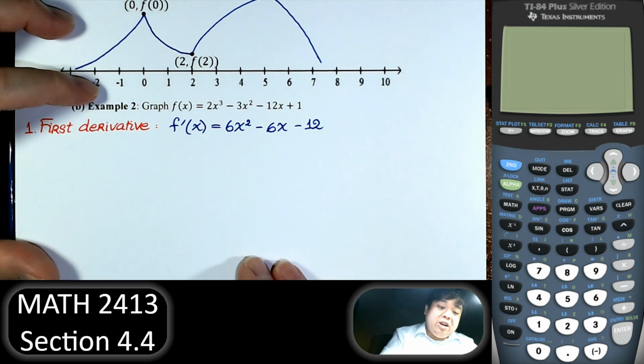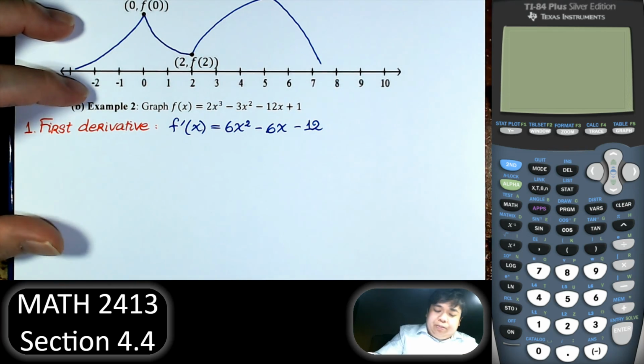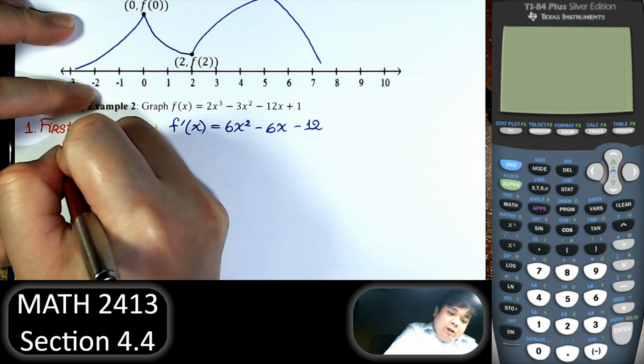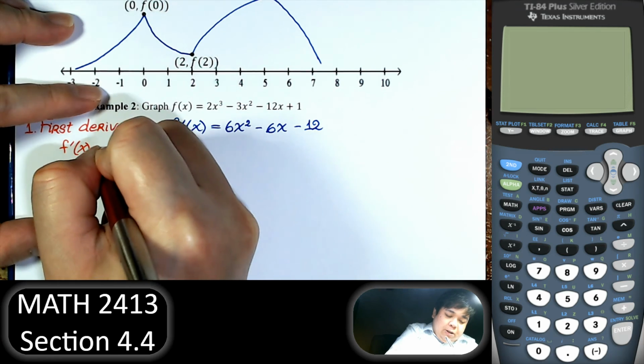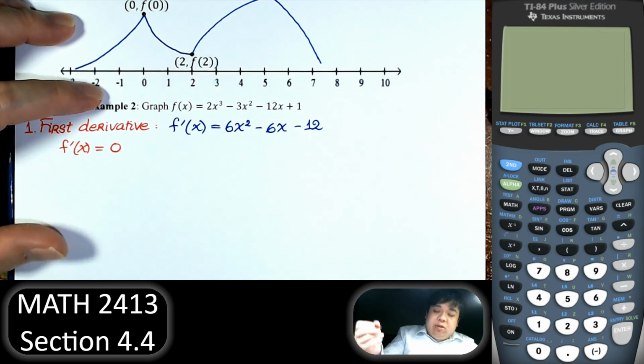This section we do a little bit different, but we still have the first derivative equal to 0, and the first derivative does not exist.